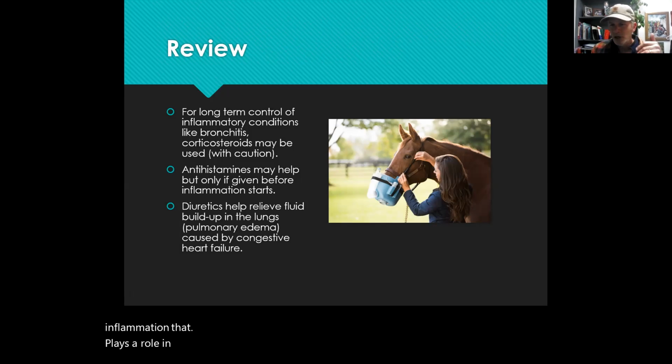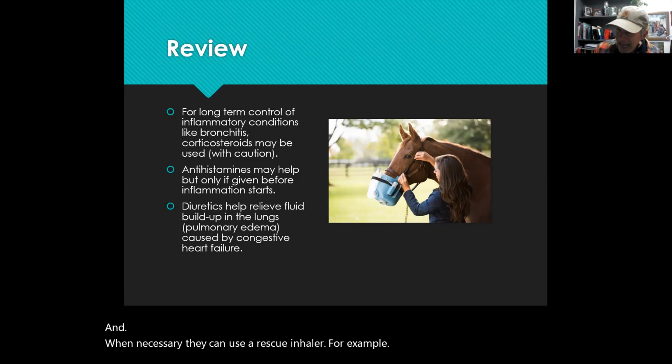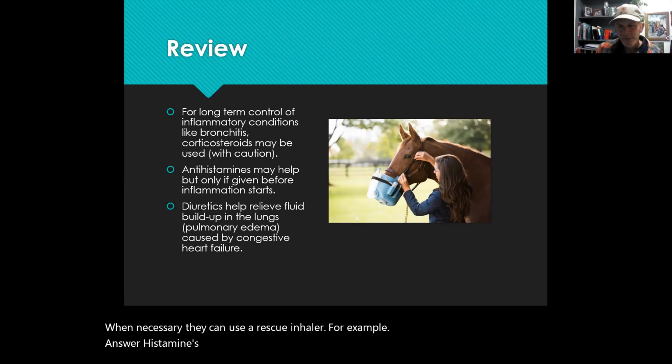Some patients are on corticosteroids, and when necessary, they can use a rescue inhaler, for example. Antihistamines can help, but only if given before inflammation starts. Diuretics help relieve fluid buildup in the lungs.